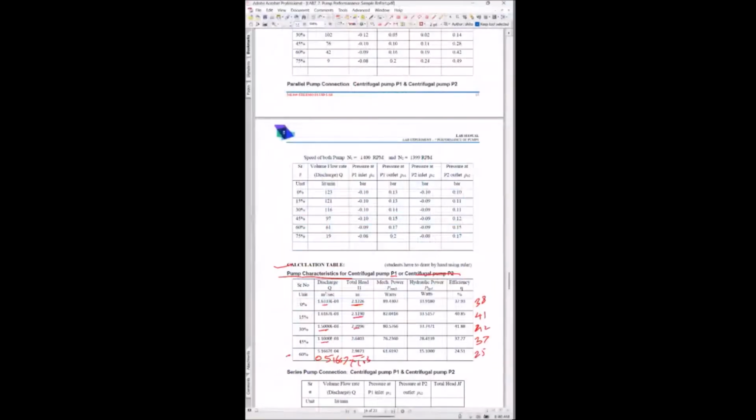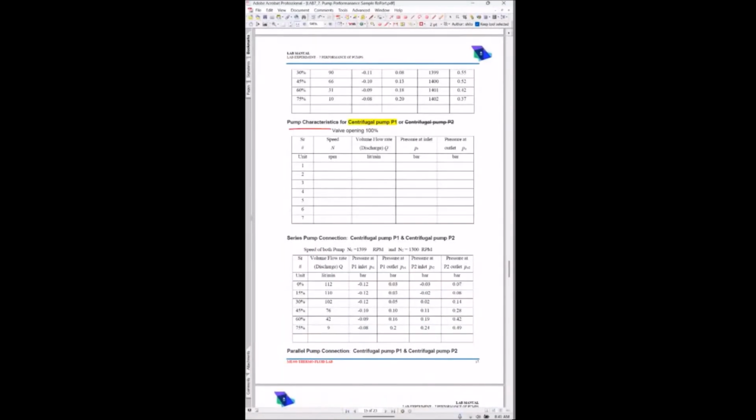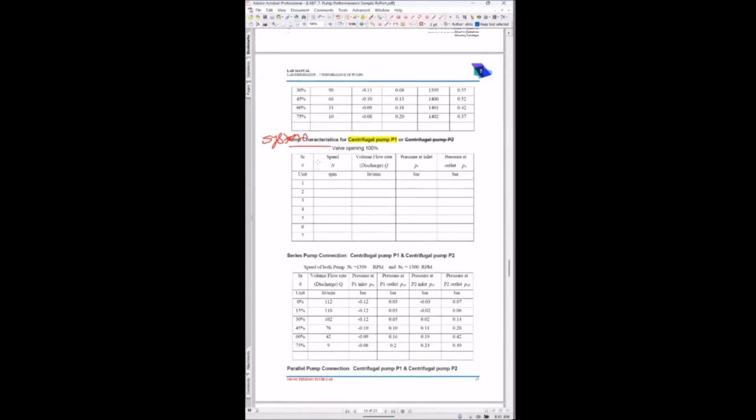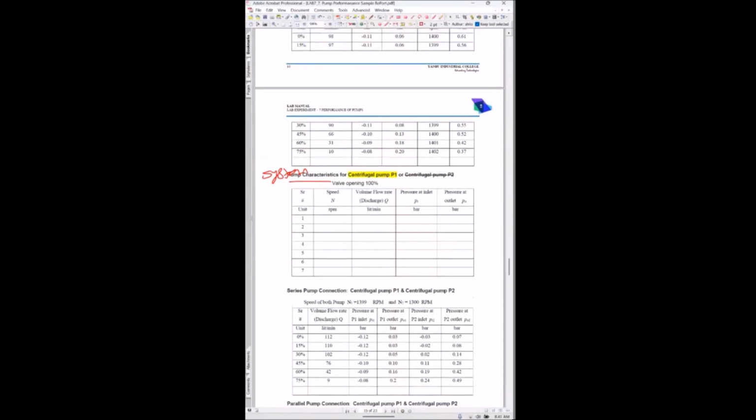There is one more graph, called the system characteristics, not pump. System characteristics for the centrifugal pump or for the whole system. Speed is varying. So on the x-axis take discharge Q, and on the y-axis head.